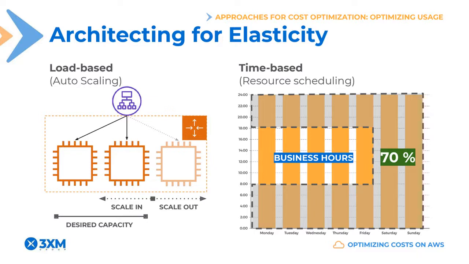The most famous tool for accomplishing this in AWS is EC2 autoscaling, which allows you to automatically increase the number of EC2 instances during demand spikes, and conversely reduce the number of instances during lulls to reduce costs. There's also autoscaling for other services such as ECS, DynamoDB, and Aurora. Autoscaling is well suited for workloads that experience variability in usage, and I'm talking about variability that is more or less unpredictable.